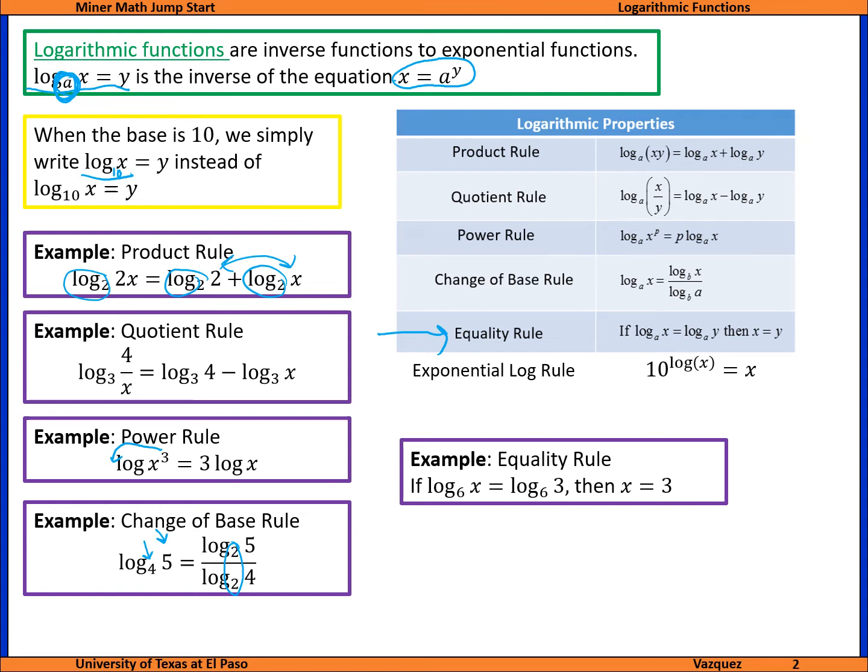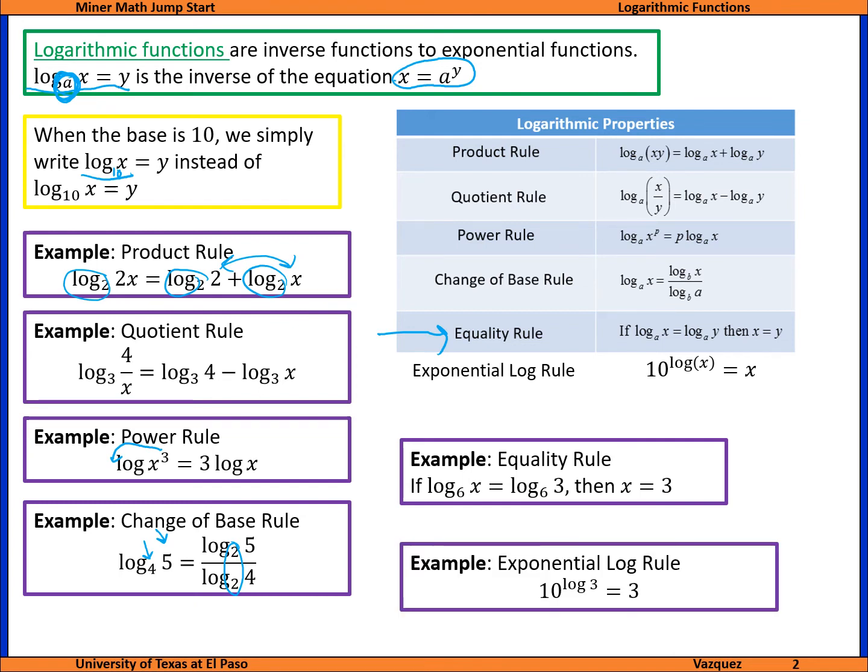The last one is an exponential log rule. And that one we just have 10 to the power of log of whatever it is, in this case 3, should equal just that, 3. Right, so up here these x's match, so then these 3's match. And that's when we have 10 to the power of log, and then our argument.